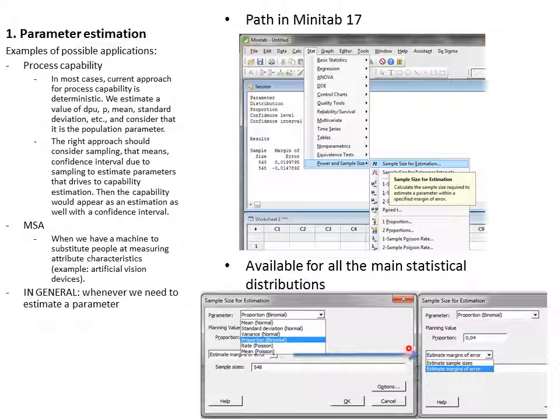Then you can work out the margins of error of an estimation if you already have a sample, or the other way around, if you know the margins of error that are appropriate for your process or for your customer, then you can find out the appropriate sample size.